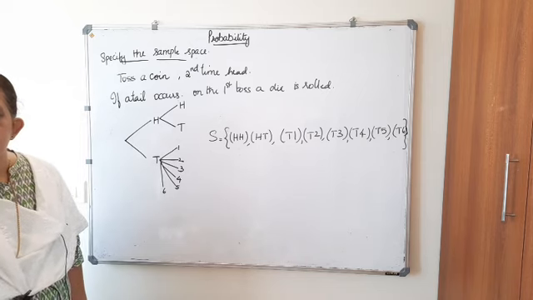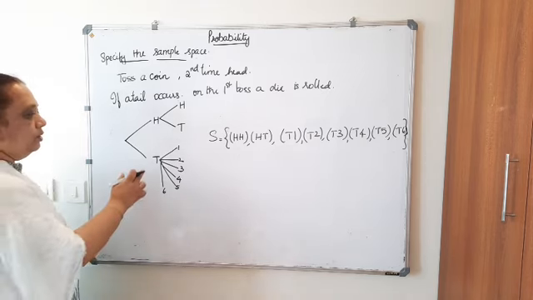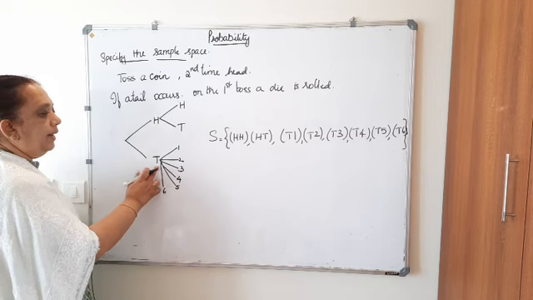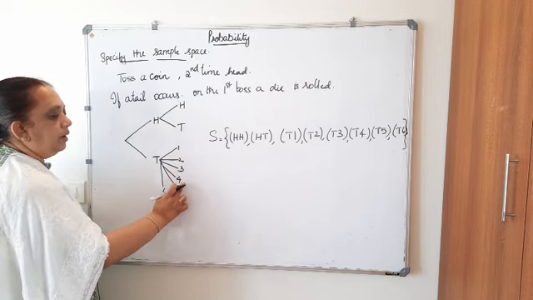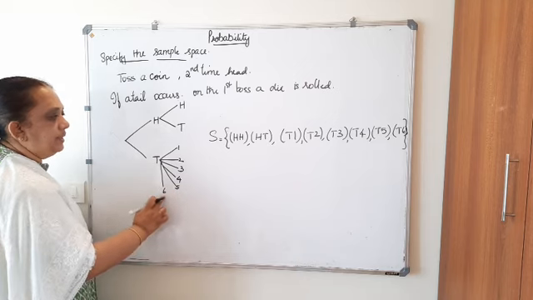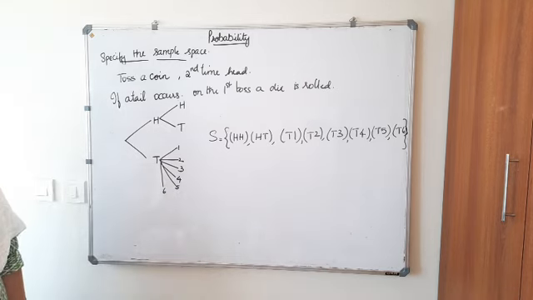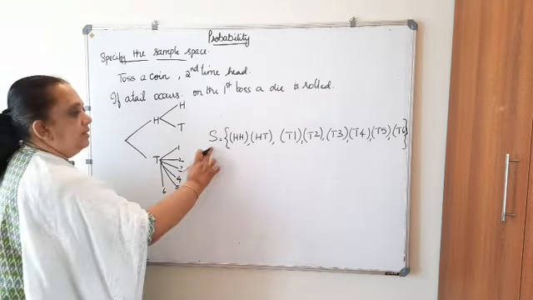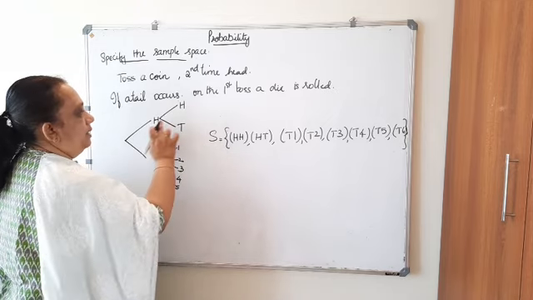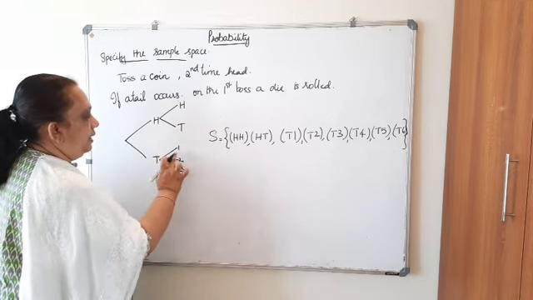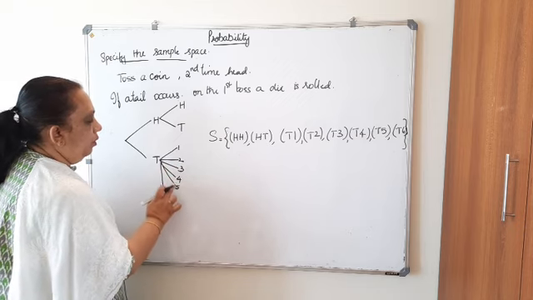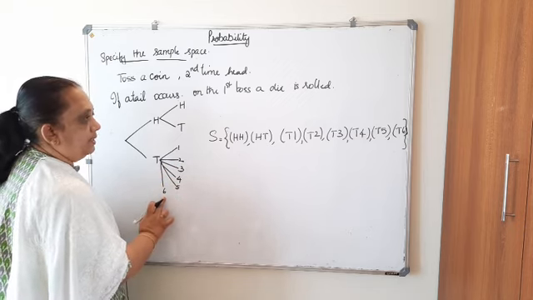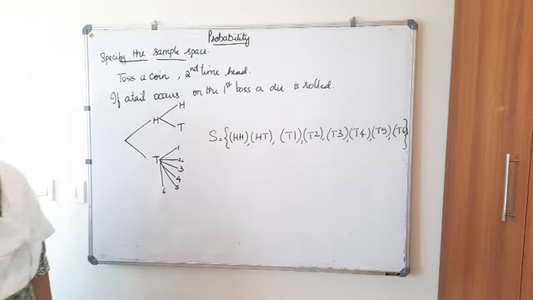I've told you what a die is. When you roll a die, you may get a 1 or a 2 or a 3 or a 4 or a 5 or a 6. In that case, what is the sample space? S is equal to HH, HT, T1, T2, T3, T4, T5, T6. This is the sample space.